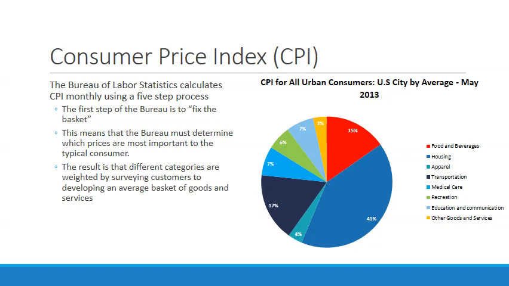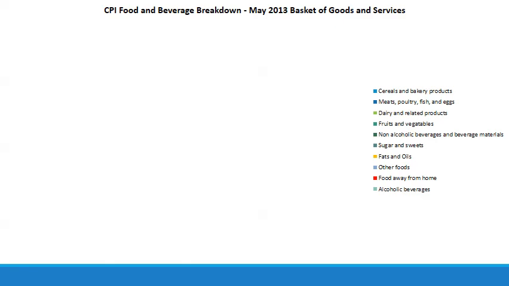And so what ends up occurring is CPI is basically these weighted categories that are determined by surveying customers, and that determines the average basket of goods and services in which they are going to look at prices. Now, what we can do is break down the basket of goods and services by looking specifically at that 15%, because I find this interesting.